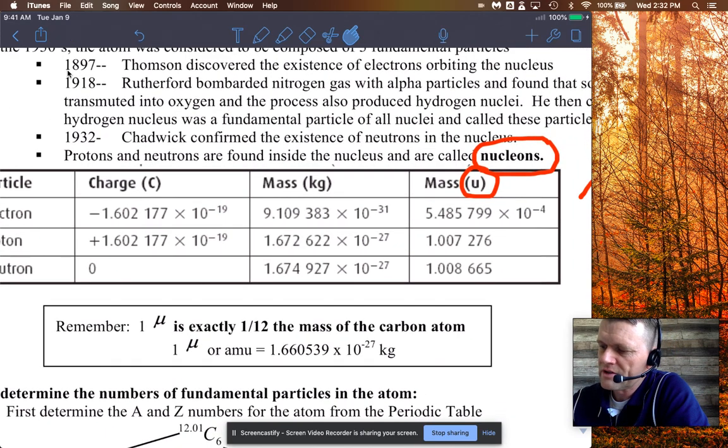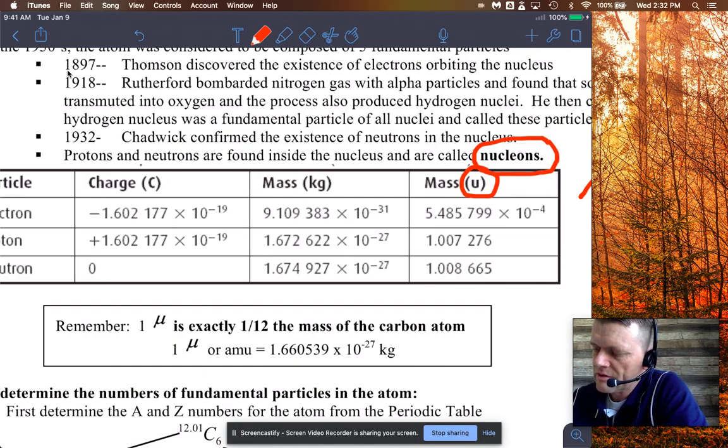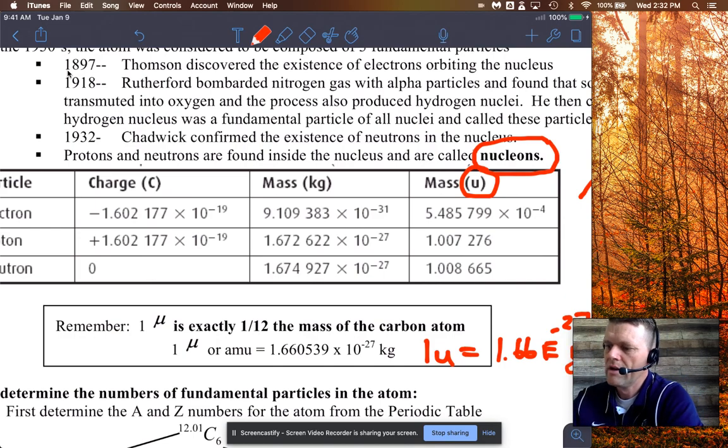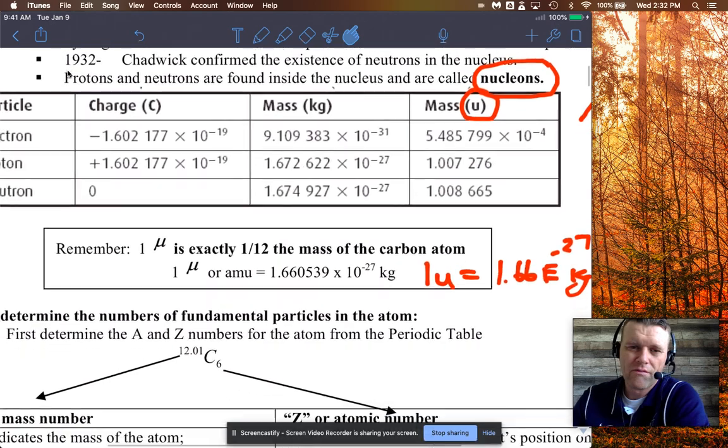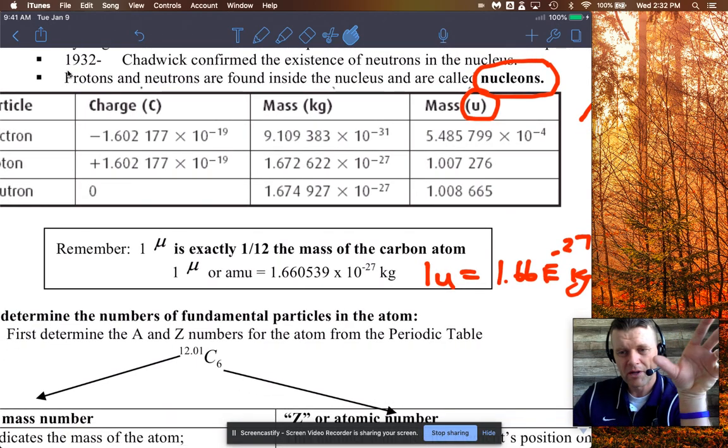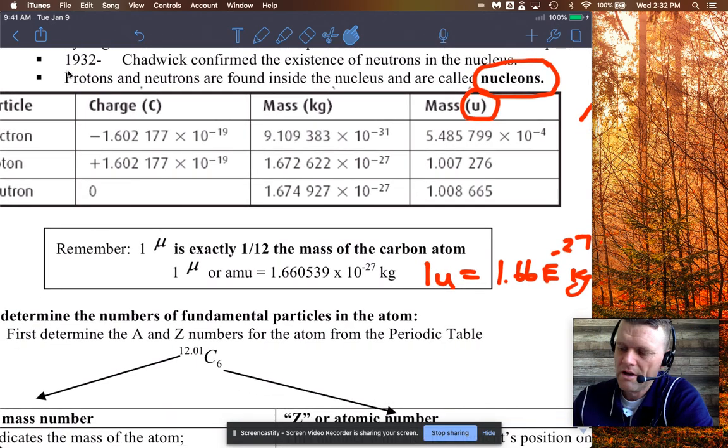On your formula sheet, which I should have had pulled up here for you, they basically just say that one atomic mass unit is equal to 1.66 times 10 to the negative 27 kilograms. That's what it says on your formula sheet, okay? So if you ever have to convert kilograms to atomic mass units, you can just use that.